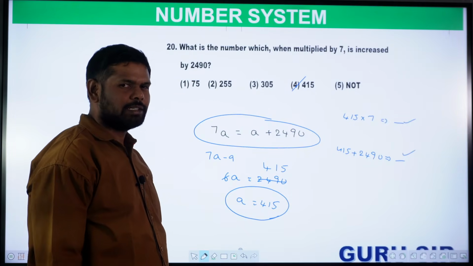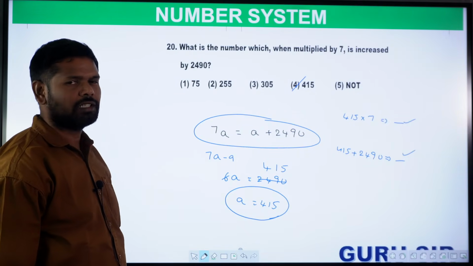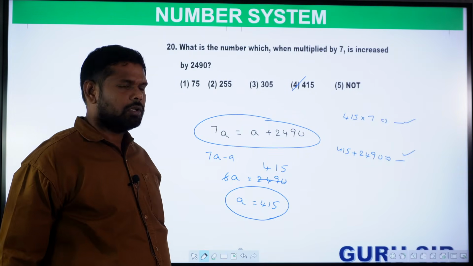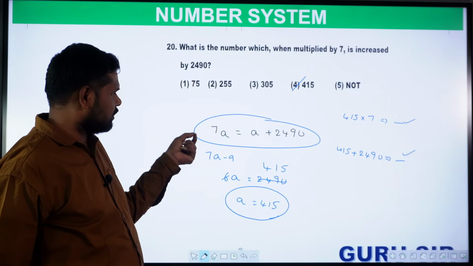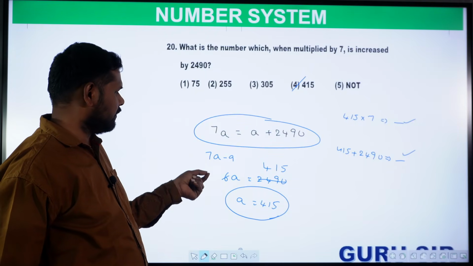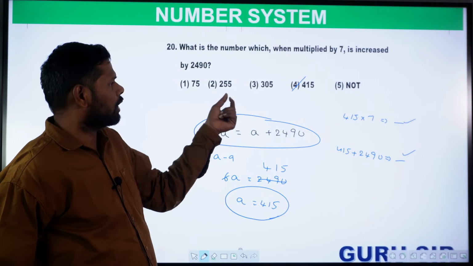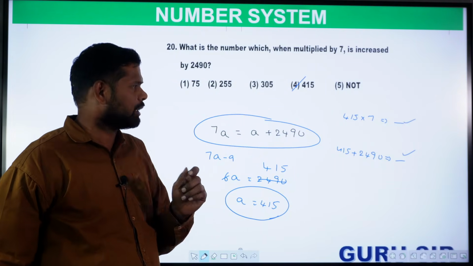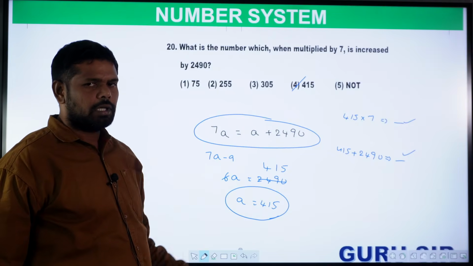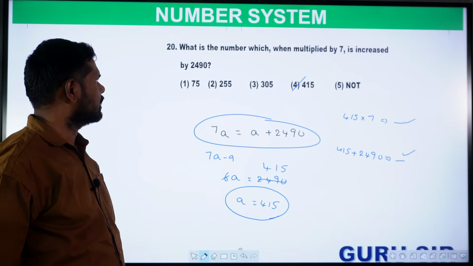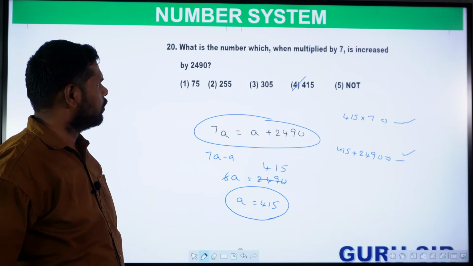But again, sometimes option verification is also a time-wasting process. It is very easy if we write the equation; within a step, we are getting the answer. Instead of checking 4 options, it will take some time. Here 5 options are there, but in the CSAT exam only 4 options are there. Clear? 415.